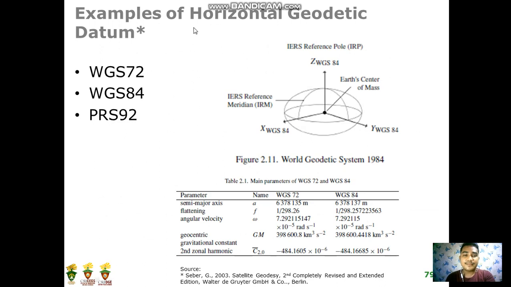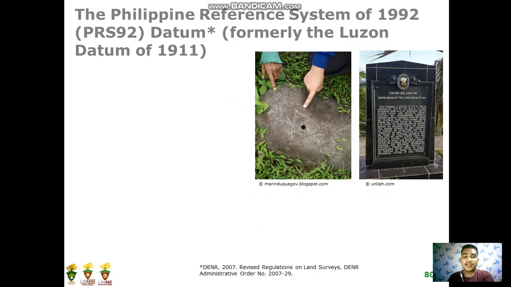So examples of geodetic datum is the WGS 72 or the World Geodetic System 1972, WGS 84 o si PRS 92. May mga example sa horizontal datum. And in case of the Philippines, we have the PRS 92 datum or the Philippine Reference System of 1992.